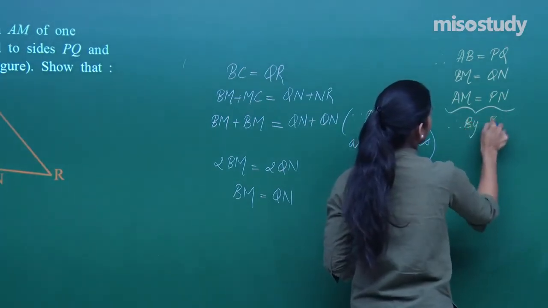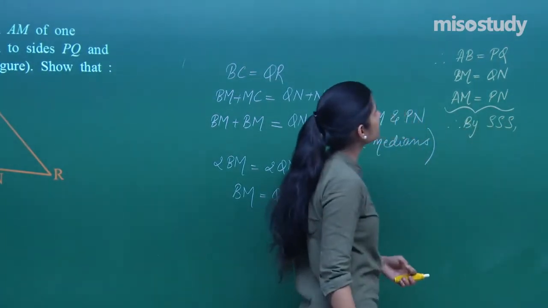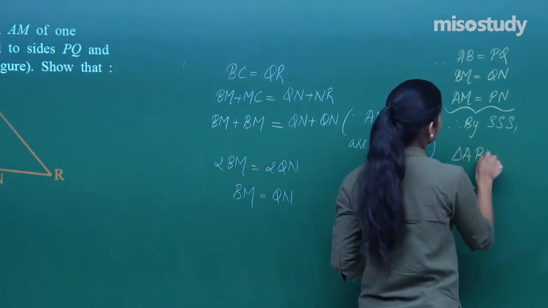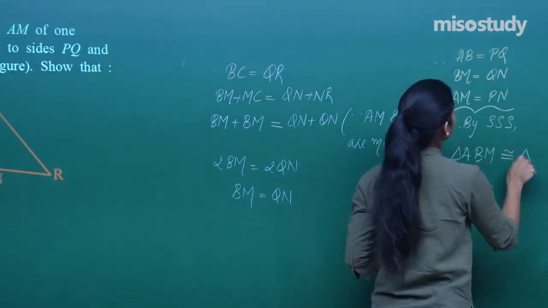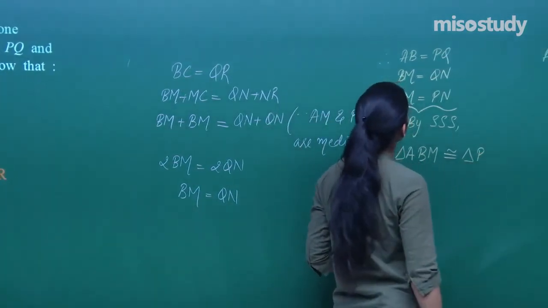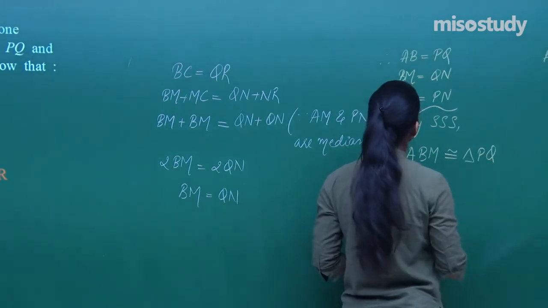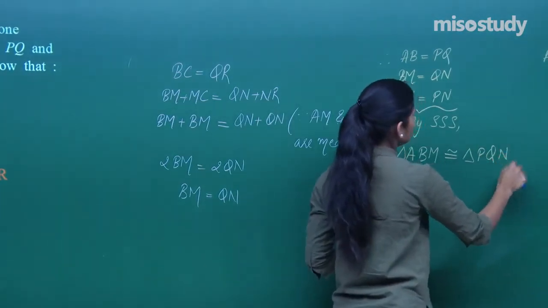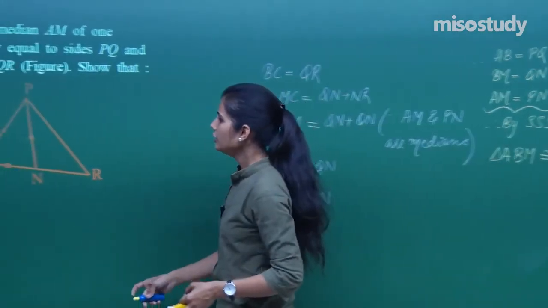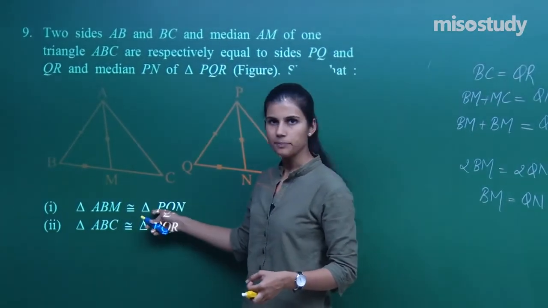Therefore, by SSS Congruence Rule, triangle ABM is congruent to which triangle? A is going to correspond to P, B is going to correspond to Q and M is going to correspond to N. These two triangles are congruent. So I have proved that triangle ABM is congruent to triangle PQN.